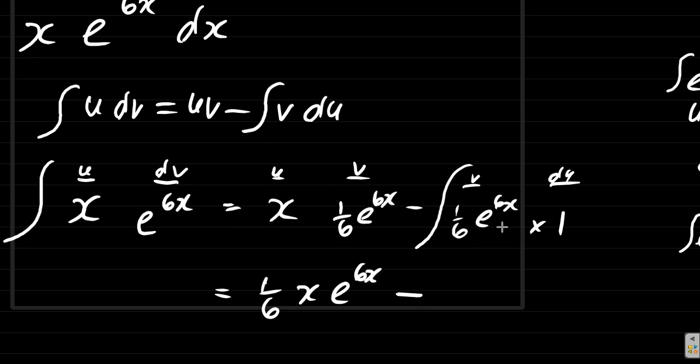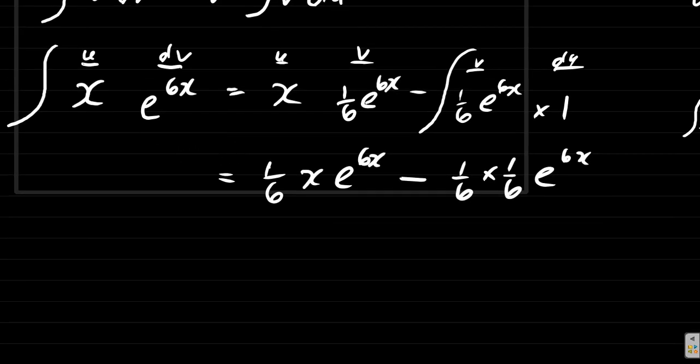Now, you're going to integrate e to the 6x again. So it's 1/6, the original 1/6, times, when you integrate e to the 6x, you get 1/6 e to the 6x. See that?